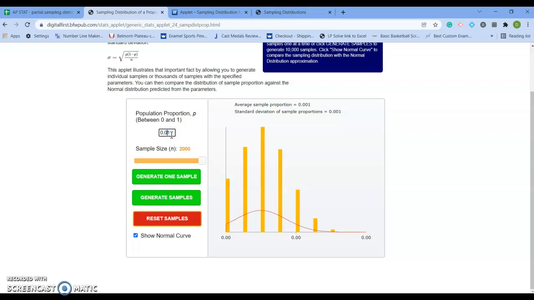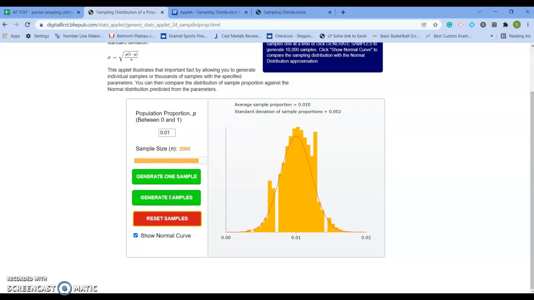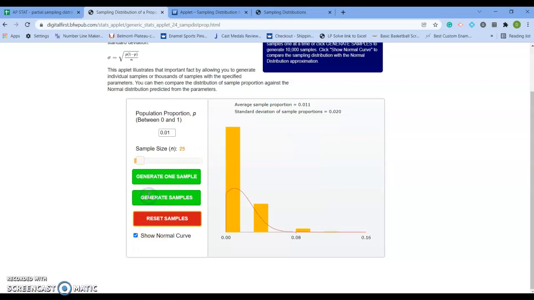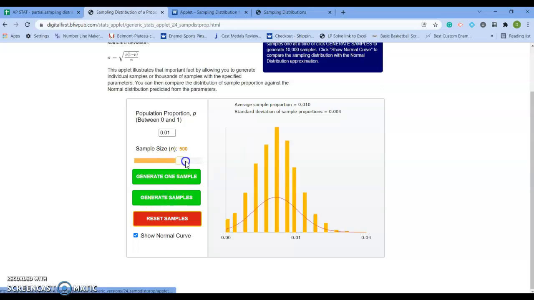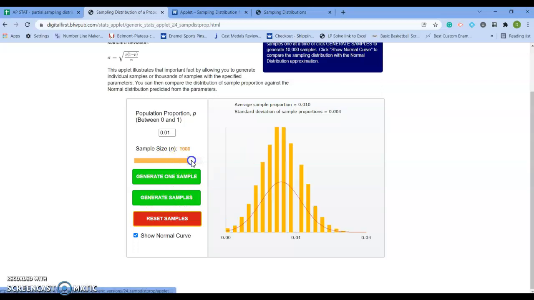Right? Maybe I'll be a little less extreme. So you can see, even though our population proportion is really small, because our sample size is so large, we get something that looks approximately normal. If the sample size were small, not too normal. So just notice I'm increasing sample size as I go here, and I'm watching how this is getting more and more normal.